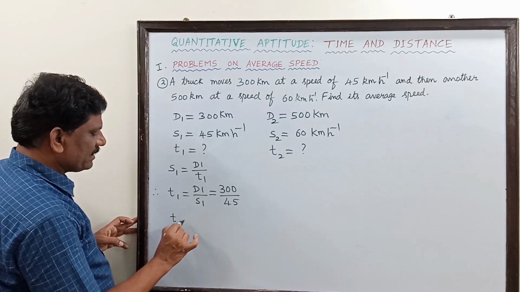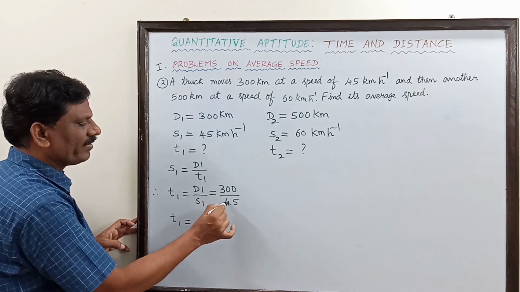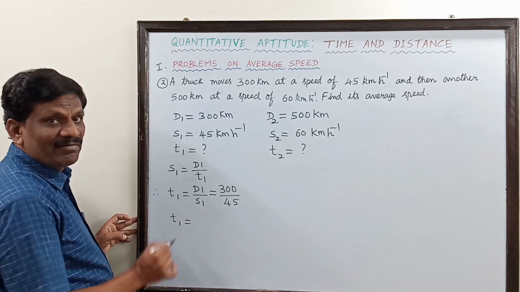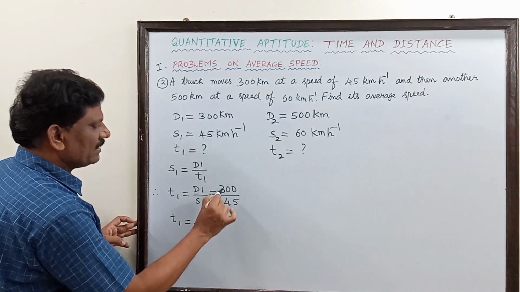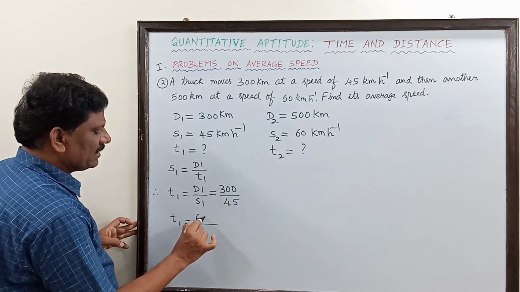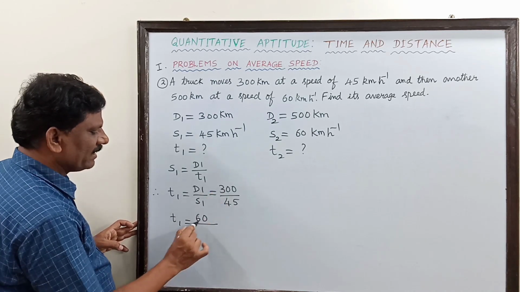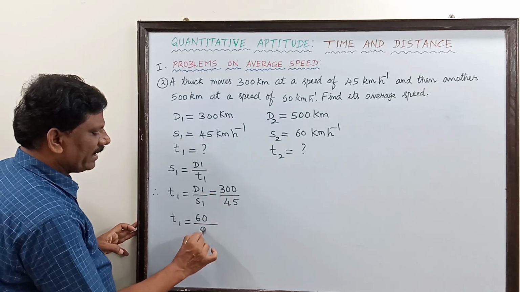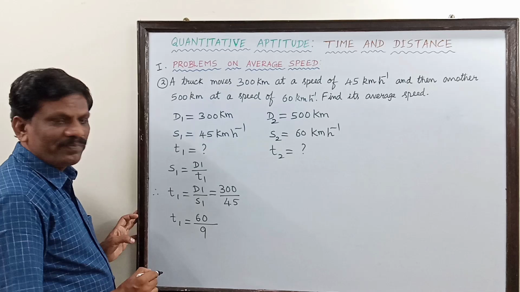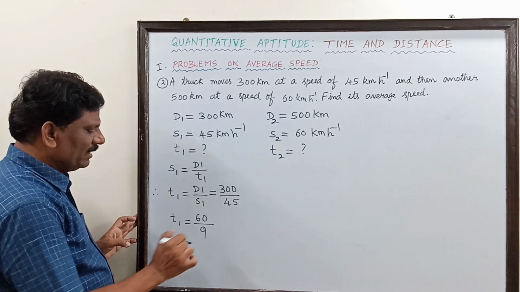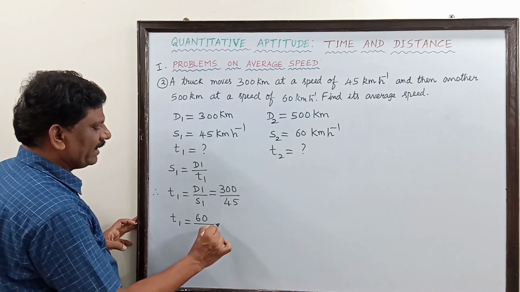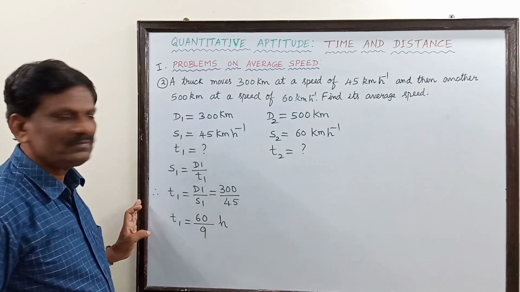So t1 is equal to 300 by 45. It is divisible by 5. So 6 5s are 30, 300 divided by 9, 5 9s are 45. Okay, let it be as it is. Now the time is in hours.